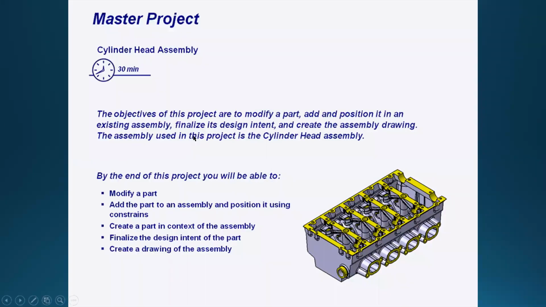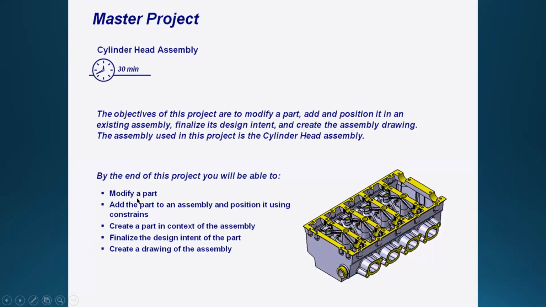The objectives of this use case are to modify, add and position parts of the existing assembly. From this assembly, we have to modify some parts, position some of the parts, and finalize the design intent. Then we will get the final product, the cylinder head assembly.